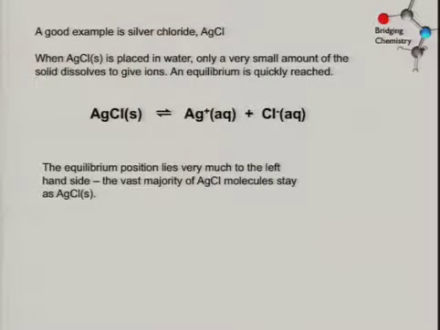And what you will find if you go in and you measure the concentrations of these ions by some experiment is that the equilibrium position lies very much to the left-hand side. So in other words, the vast majority of silver chloride molecules stay as solid silver chloride, and only a very small proportion of them dissolve before you reach equilibrium.